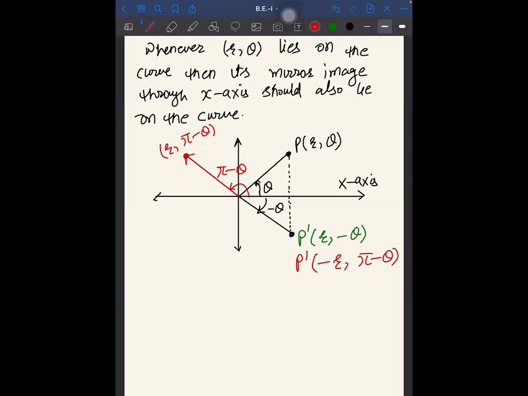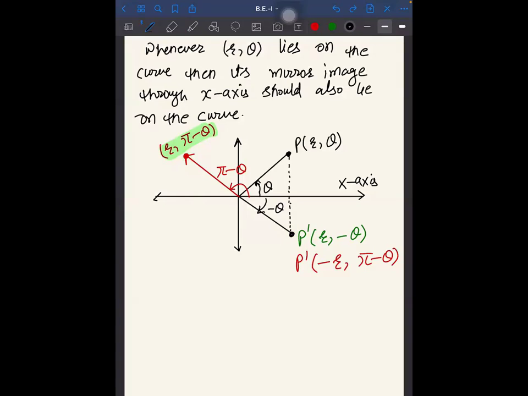ठीक है ना? Yes, sir. ये पॉइंट तुम्हारा जो है, ये पॉइंट है r, pi minus theta, लेकिन अगर तुमने इसको एक फ्लिप दे दिया, तो फ्लिप का रूल क्या होता है? r को minus r कर देंगे, तो फिर ये पॉइंट P dash को रिप्रेजेंट करेगा. So all I am telling is that you can have two ideas.